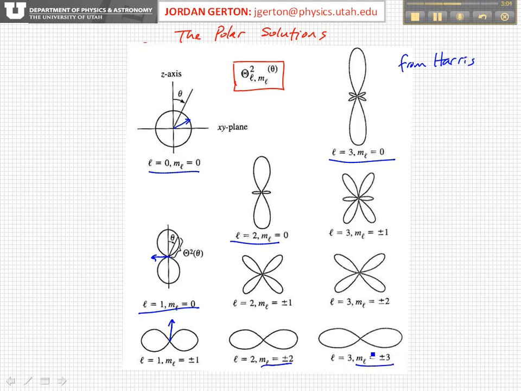Okay, we see these more interesting and complicated states as you go up in L. Here we have something which looks a little bit like the L equals 1, ML equals 0 state. It's another ML equals 0 state, but now we have this disk in the center and these clover leaves. And the point is that any time ML is not equal to 0, you have 0 probability of finding the electron along the z-axis.